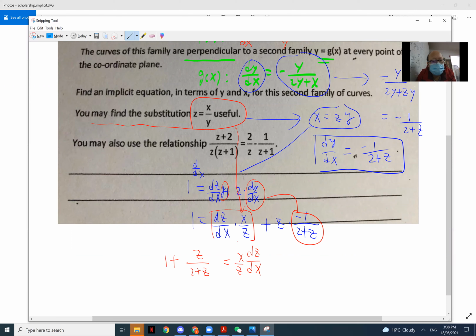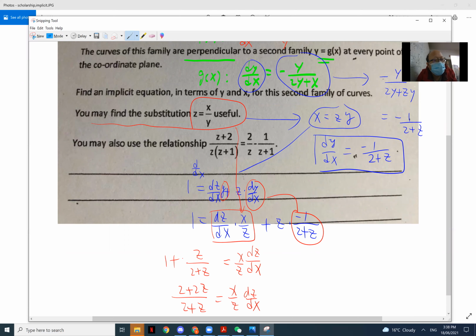You make this part the subject, so move the other part to the left, making it positive. Now, multiply all by z, or just use a common denominator. Just rewrite as a single fraction, because after here we know we can split the variables.